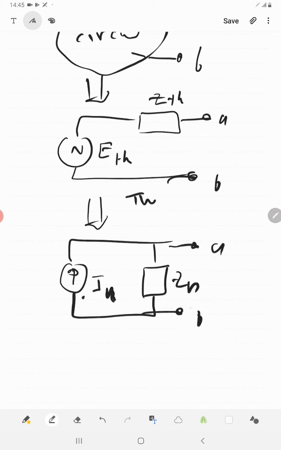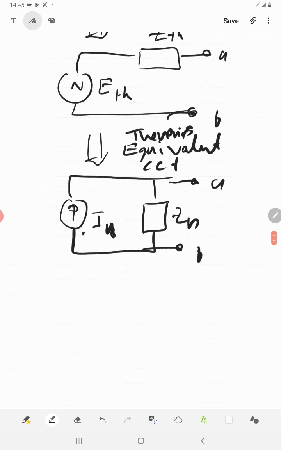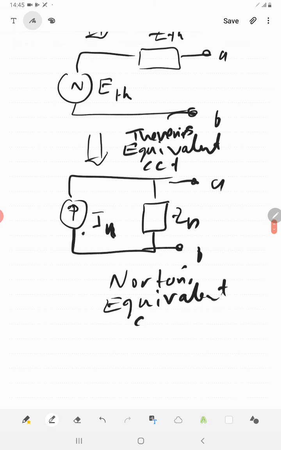So this is Thevenin's equivalent circuit, and this is Norton's equivalent circuit.